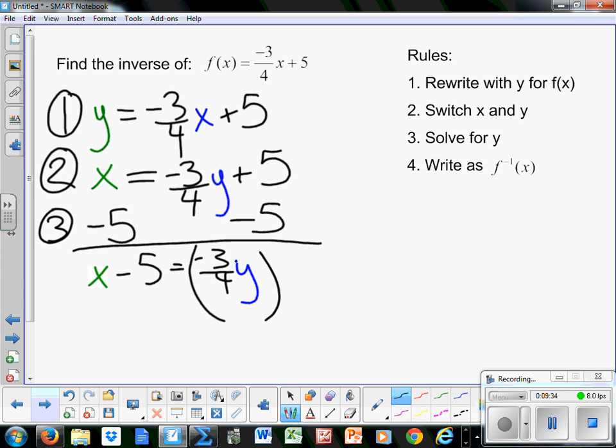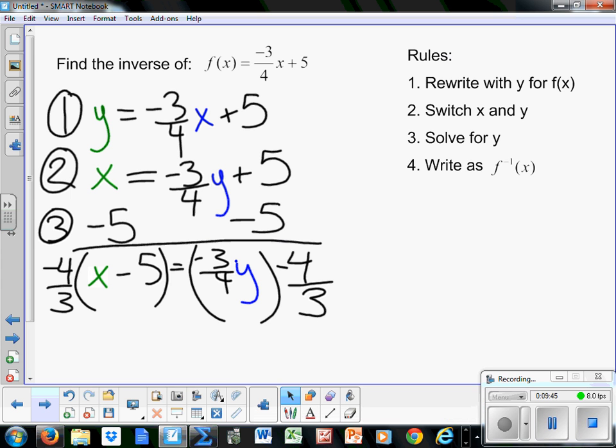We're going to multiply both sides by the reciprocal. Now don't forget that negative there in front. We also need to multiply by that. So here we're multiplying both sides by negative 4/3, because that will undo both the negative on this side, and if we multiply these two together, our numerator and denominators cancel out for both our 3 and our 4.